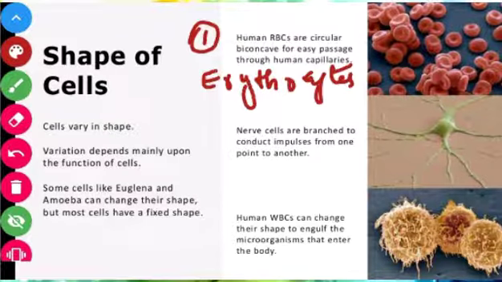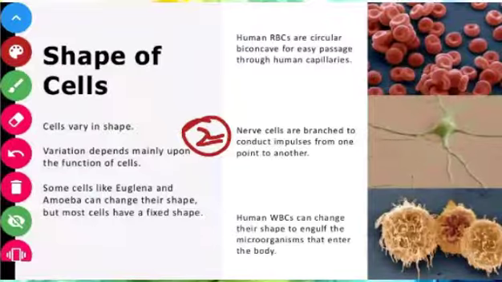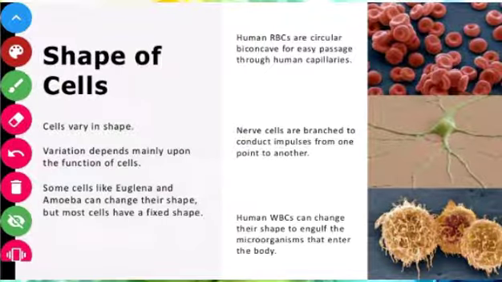And the second one is the nerve cell. Nerve cells are branched to conduct impulses from one point to another point, or from one nerve to another nerve. So I'll draw a simple structure.